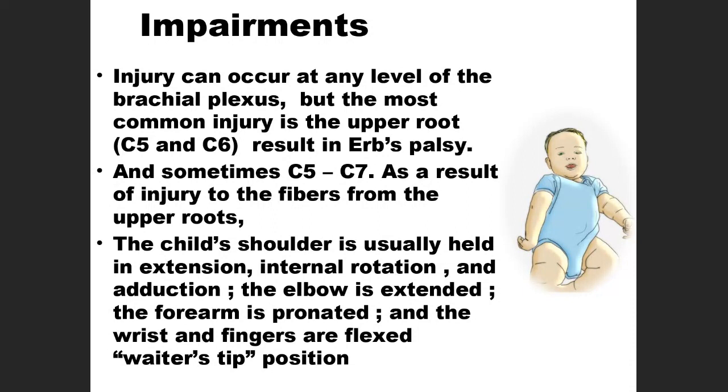The child's shoulder is usually like this. It is in extension, internal rotation, and adduction. The elbow is extended, the forearm is pronated, and the wrist and fingers are flexed. It's like a waiter's tip position. If a waiter wants to take some money without showing it to anybody, they may take it like this. That's why it is called the waiter's tip position.